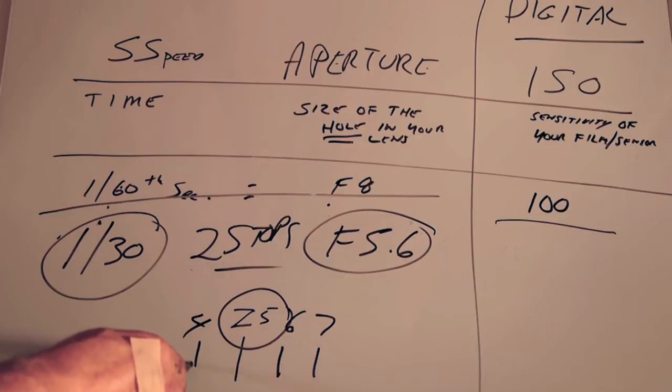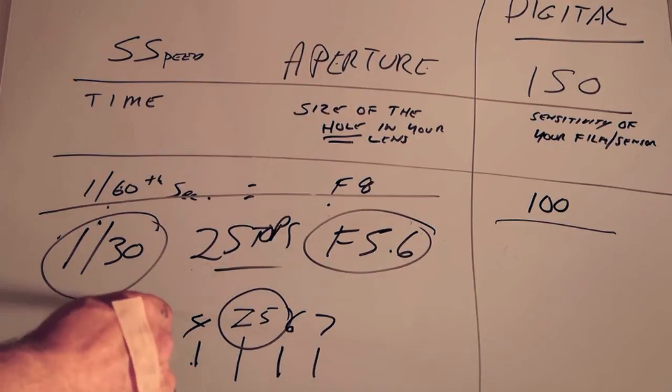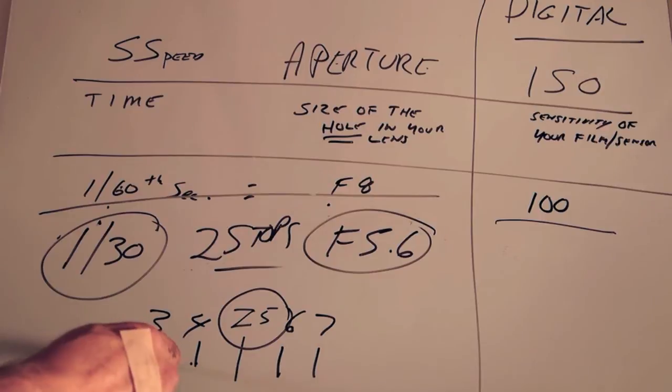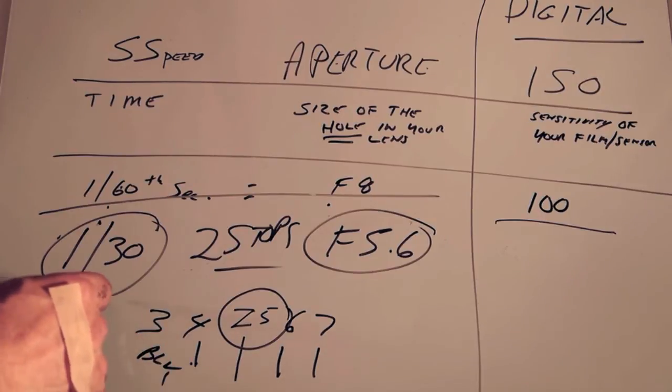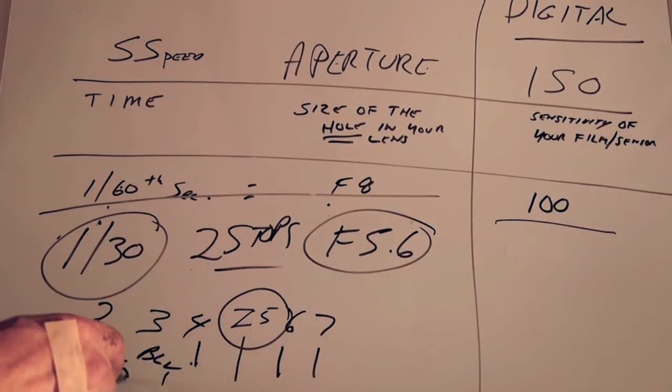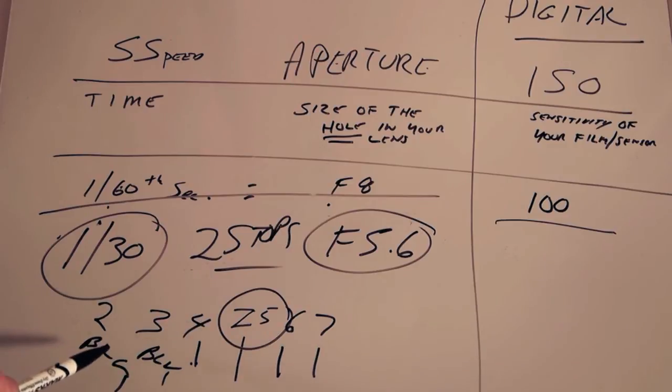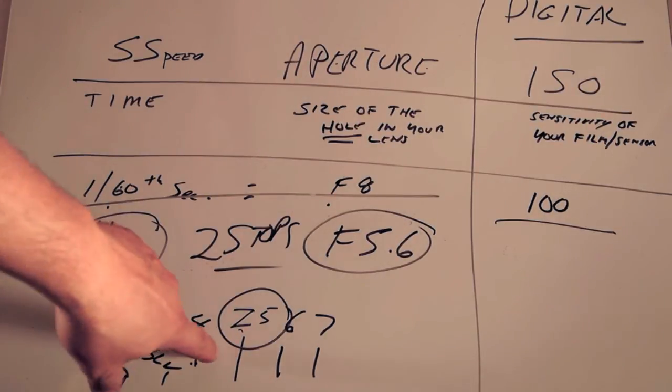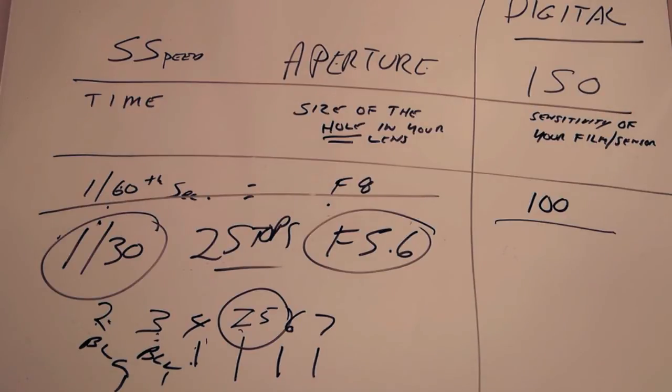So this would be getting dark gray. Zone 3 would be black almost. Black with detail. Zone 2 would be black with no detail. So if you want to go to black with no detail, you only need to go 3 stops darker than your zone 5 metering will give you. But that's another time, that's another subject.